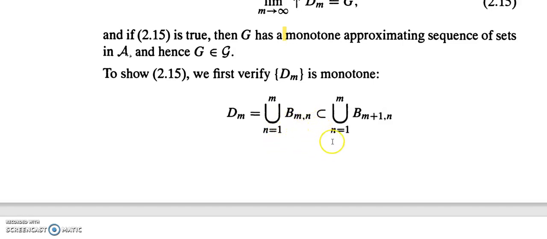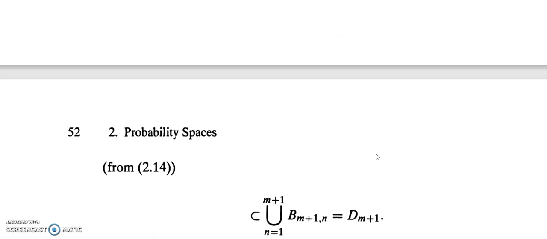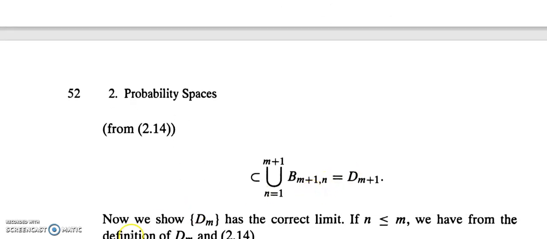It is contained in union n equal to 1 to m Bm plus 1 n, and this is contained in union n equal to 1 to m plus 1 Bm plus 1 n. By definition this is equal to dm plus 1. Therefore dm is contained in dm plus 1. That is, the sequence dm is a non-decreasing sequence.